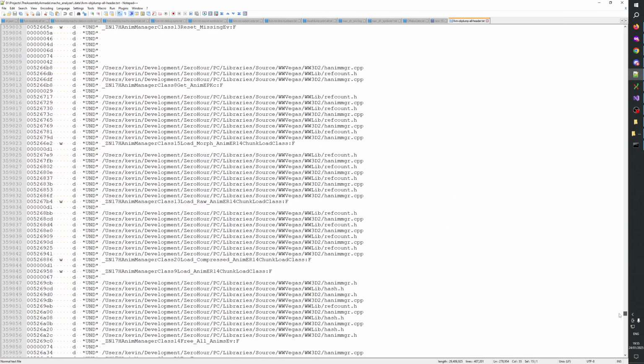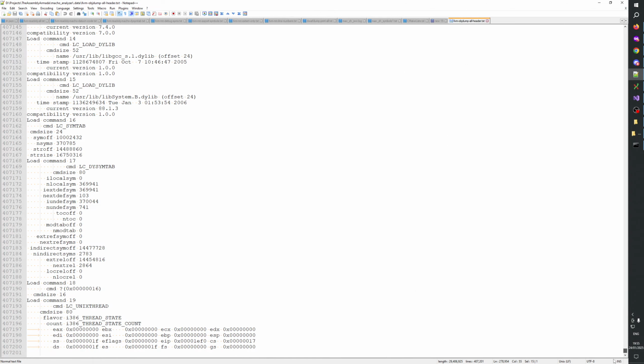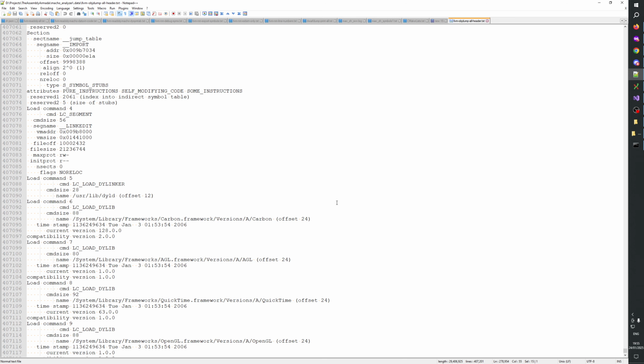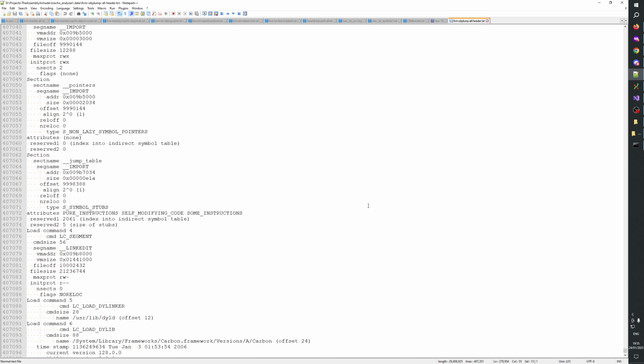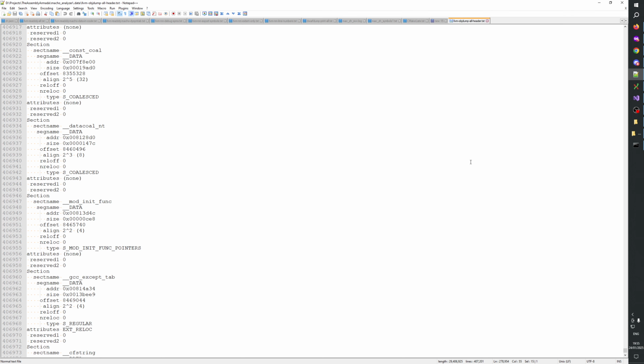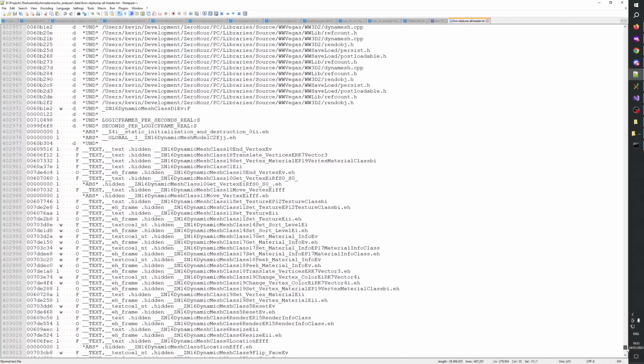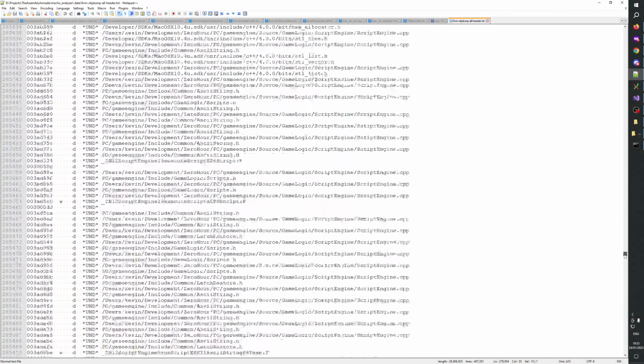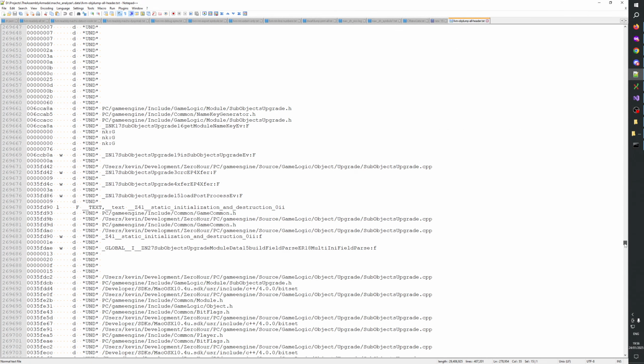Okay, but this looks really, really nice. I don't know how they got this info, but I mean, this is llvm, so yeah. What do we have here? Oof. Global I. Sub-objects upgrade module data.